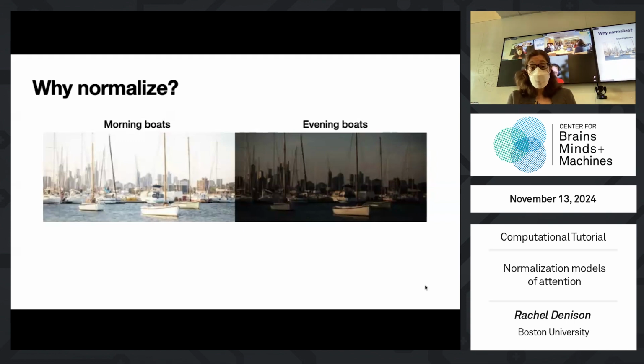Now, this is actually not a totally trivial thing, that you're able to look at the scene in the morning versus the evening and pretty easily recognize everything as boats. Why is it not totally trivial? If you were going to build a computer vision system to do this job, what might be challenging about recognizing these as exactly the same scene?